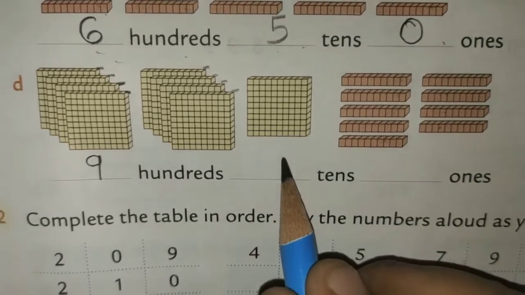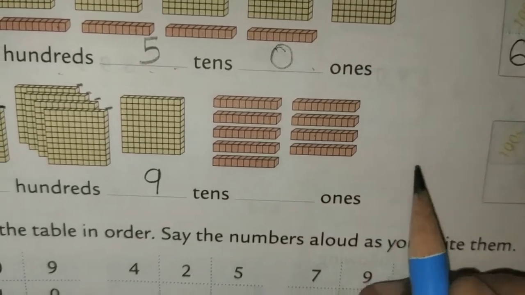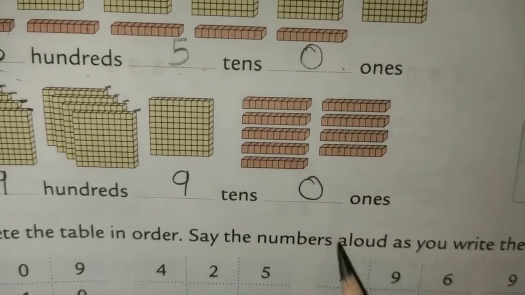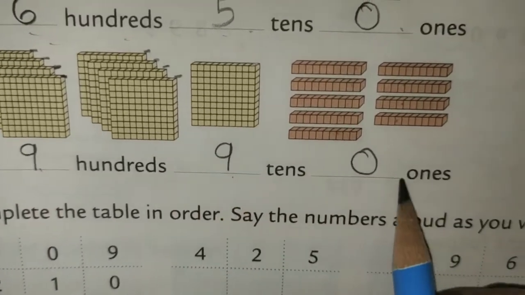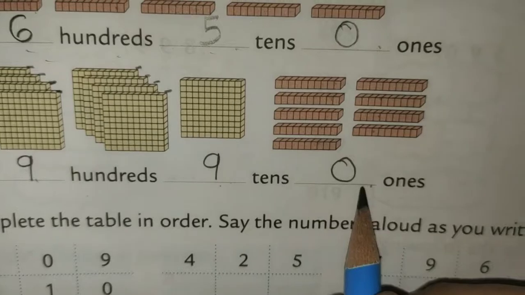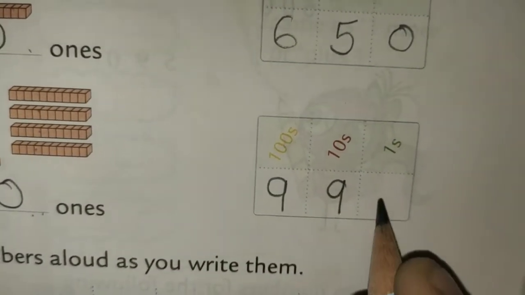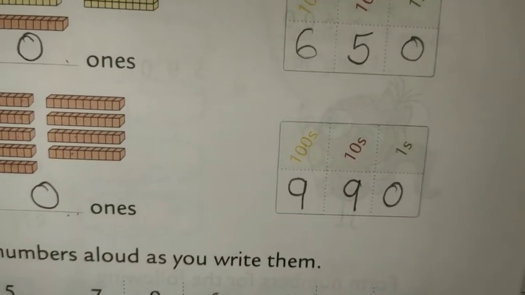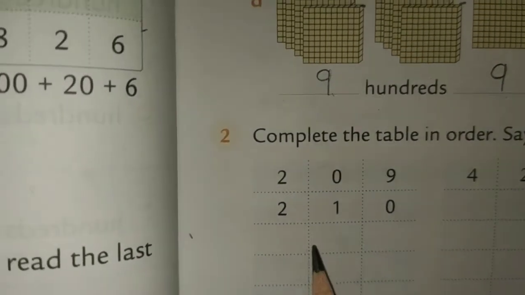Wow, tens is also 9. But there are no ones given, so again we will use 0 for the ones. So the number is 990. Write 990 here. Clear, everyone?